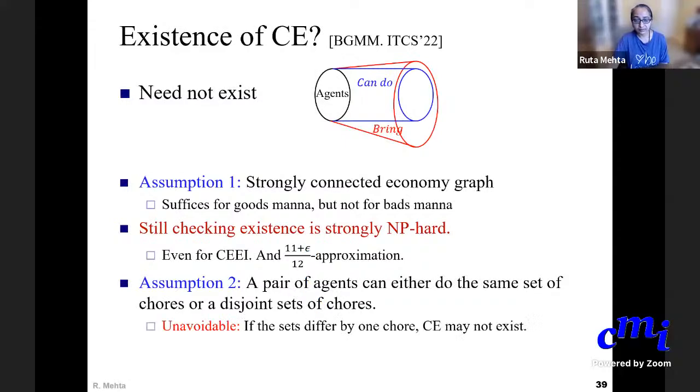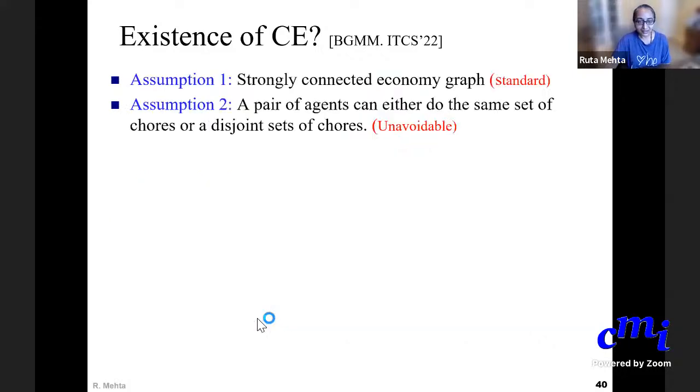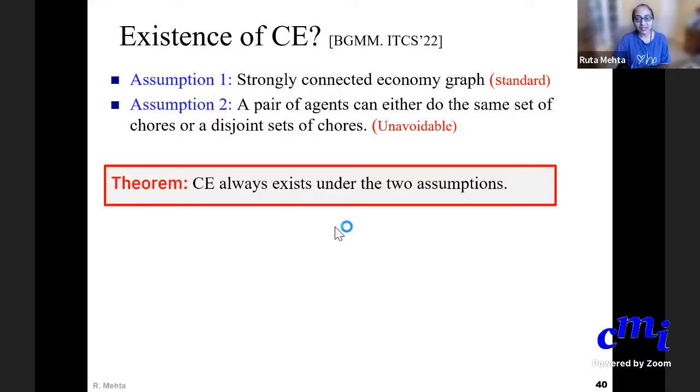These slides are basically for people who are already doing computer science, then only they'll understand what NP-hardness and all this stuff are. And then there are some conditions that we have to assume under which equilibrium exists. And this was the interesting part, that under some mild condition we can show that the equilibrium does exist.